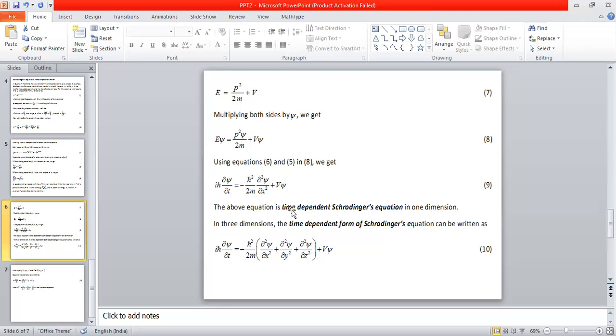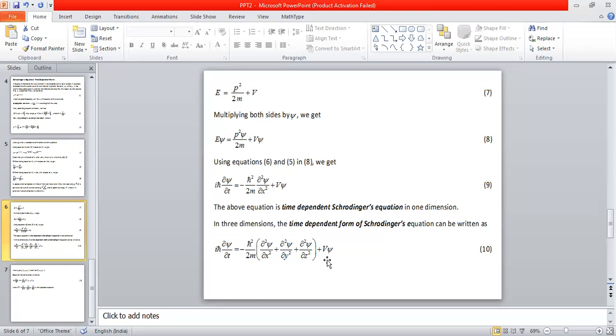Plus of course V of psi, the potential field function, which again is a function of 4 different coordinates: x, y, z and t.